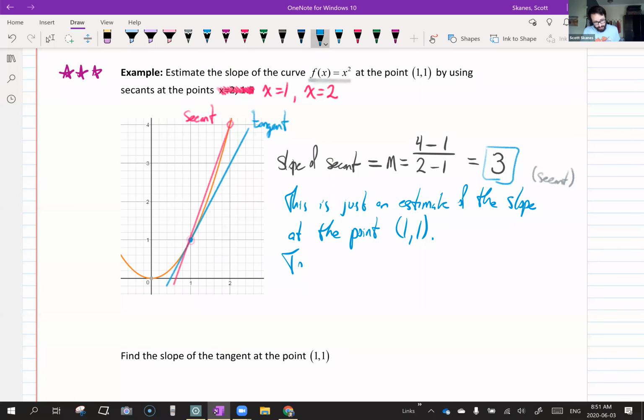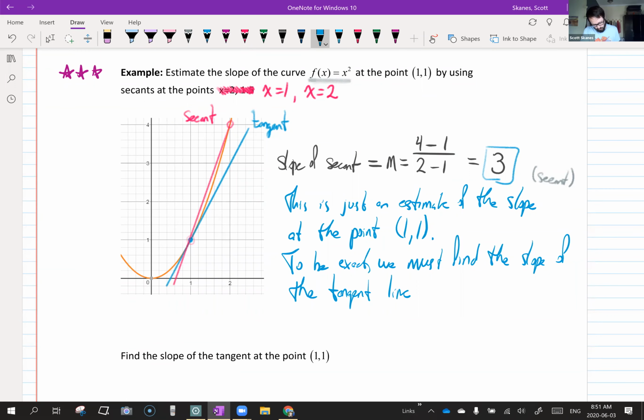I'm going to say, to be exact, we must find the slope of the tangent line at 1, 1 using the delta process, also known as the derivative.